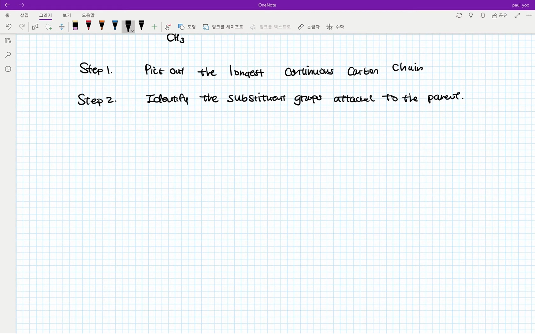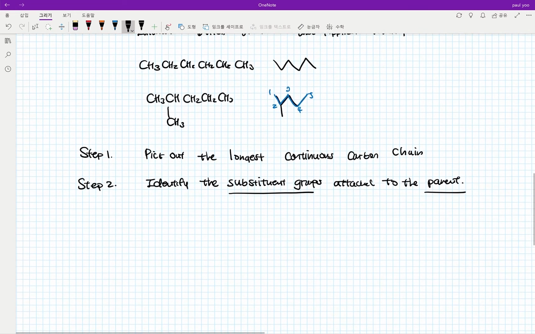So we're now going to differentiate the substituent group and also the parent group. From this molecule above, our longest chain will be considered the parent group, and the group that is not included in the parent group will be considered the substituent group.